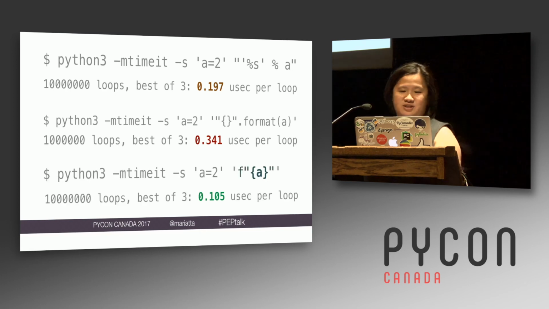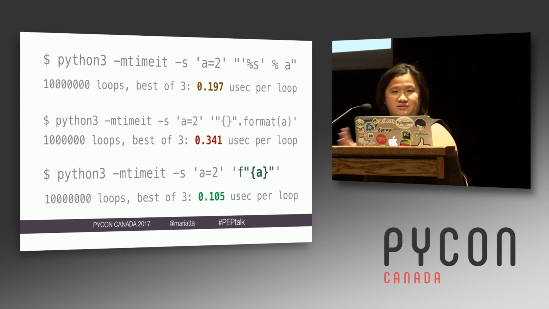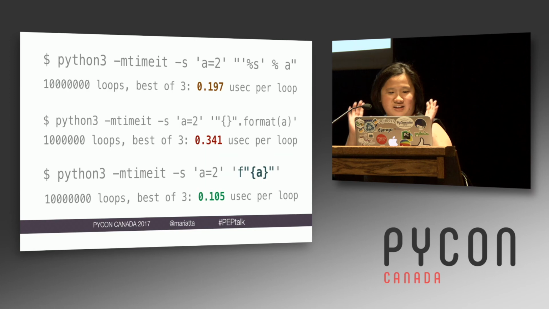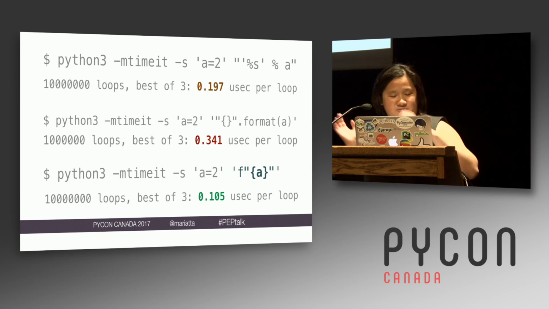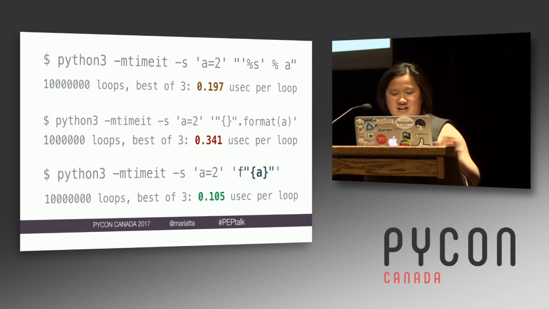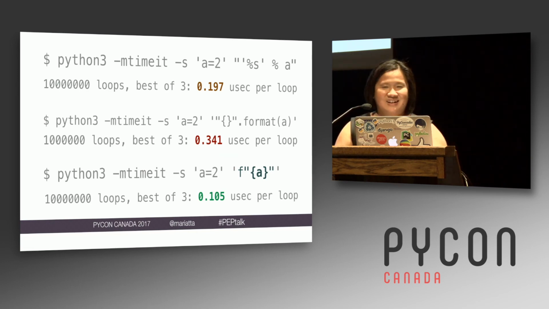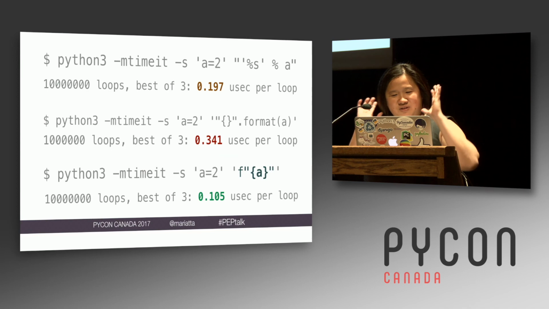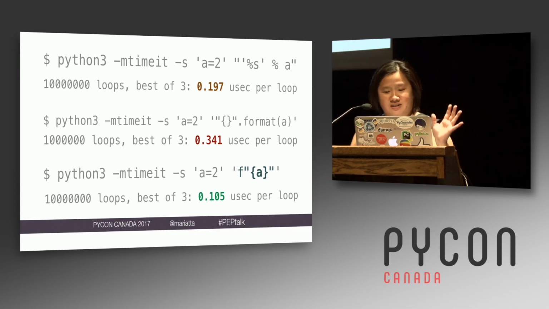The smaller the number means it's faster. So f-string is faster, it's easier to write, more readable. Use it, don't use %s. I don't want to see that in any code ever again. Change your code base from %s to something else, use string format even, or f-strings.